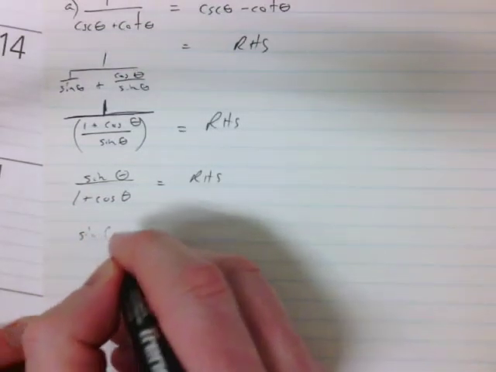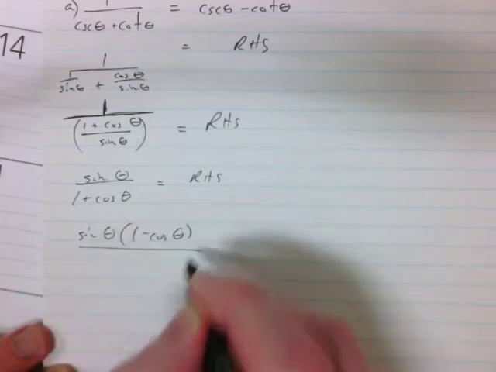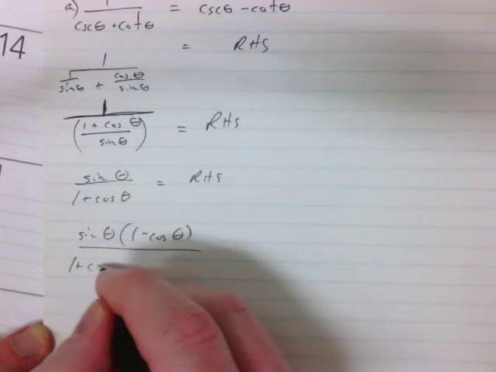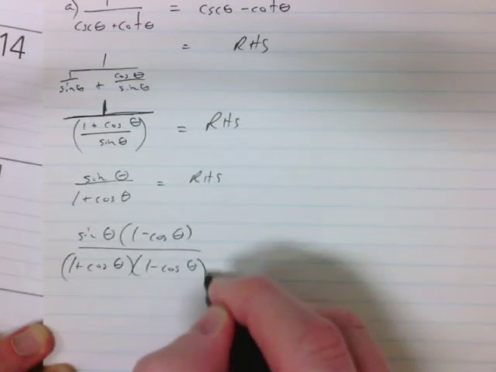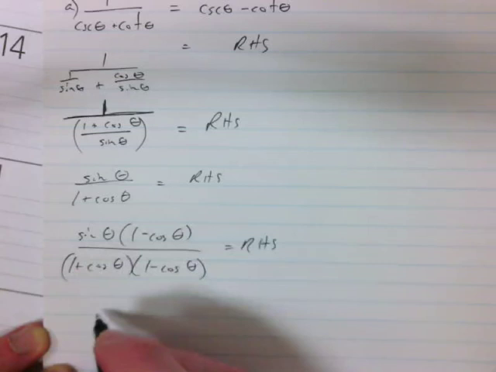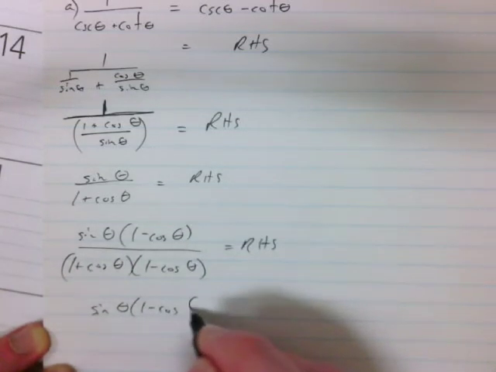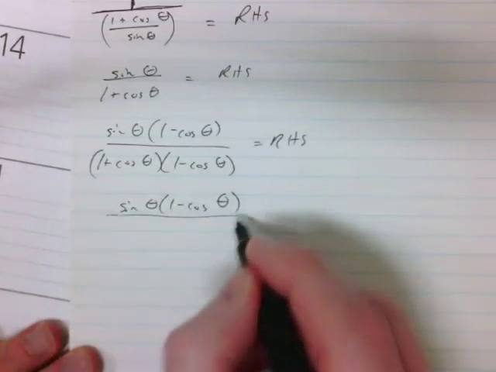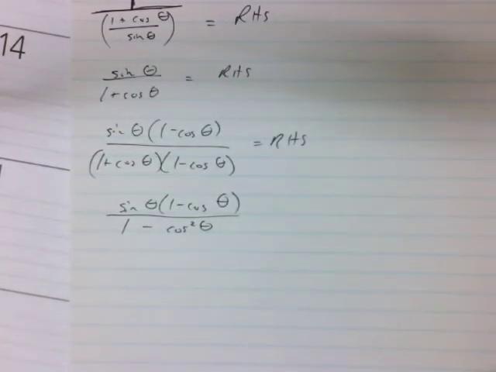So sine of theta times 1 minus cos of theta over 1 plus cos of theta times 1 minus cos of theta. I'm just going to leave this unsimplified in the numerator: sine of theta times 1 minus cos of theta over 1 minus cos squared theta.